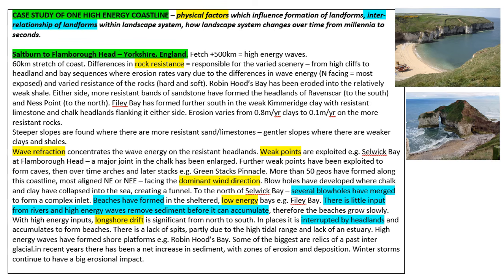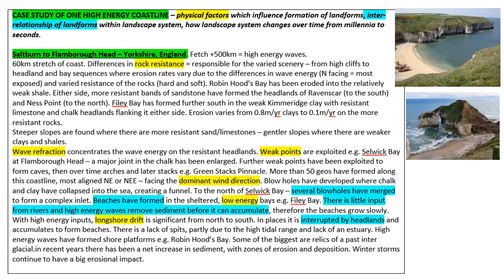The north-facing part of the coastline is most exposed and so therefore has the greatest energy and the biggest rates of erosion. Robin Hood's Bay is an example of a bay that's been eroded into the relatively weak shale.